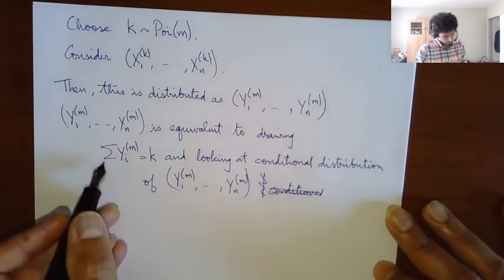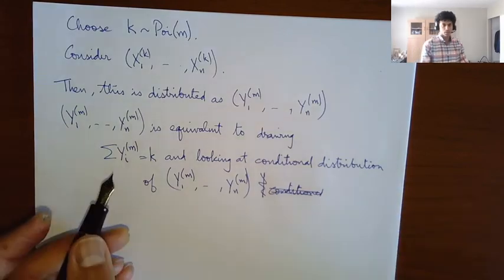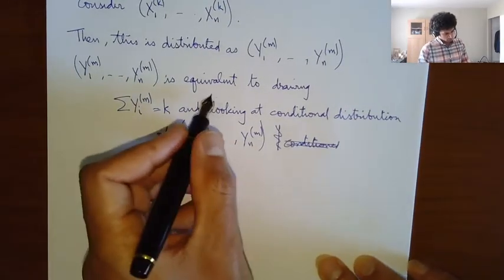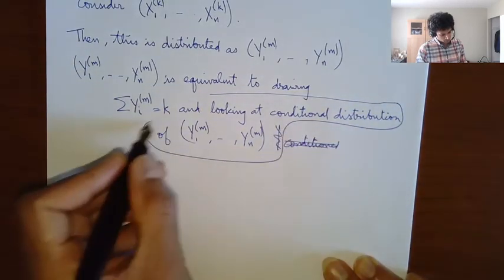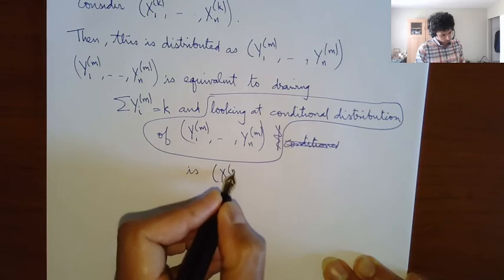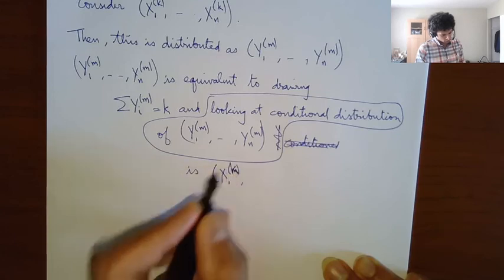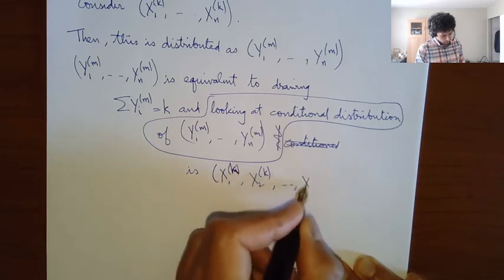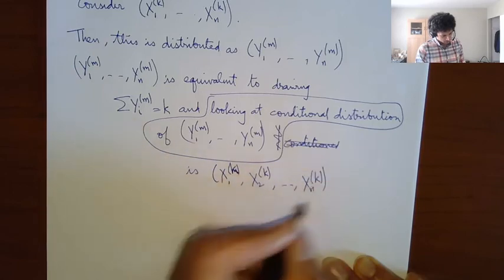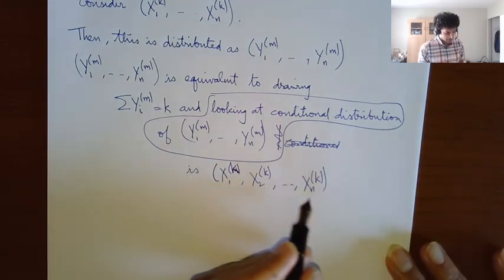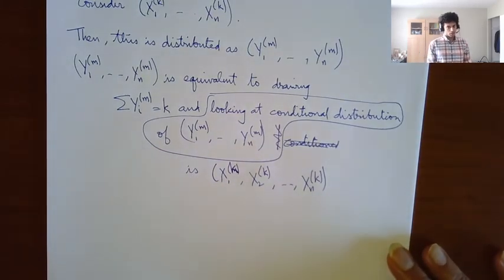So you're drawing the sum, and then you're looking at the conditional distribution. But this conditional distribution is X1 of k, X2 of k to Xn of k. So this conditional distribution is exactly X1 of k to Xn of k, which is the balls and bins.